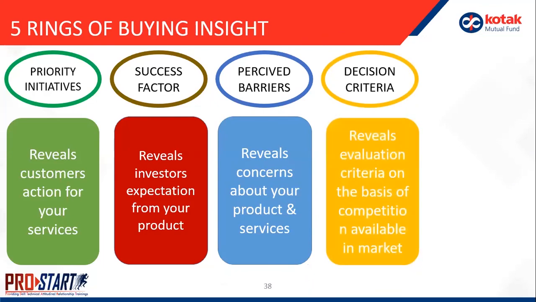The decision criteria reveals evaluation criteria on the basis of competition available in the market. Which aspect of competing products, services, solutions, or companies does your buyer perceive as most critical, and what are their expectations from each? So typically, what is the expectation of the buyer from your company, your solutions, your products?